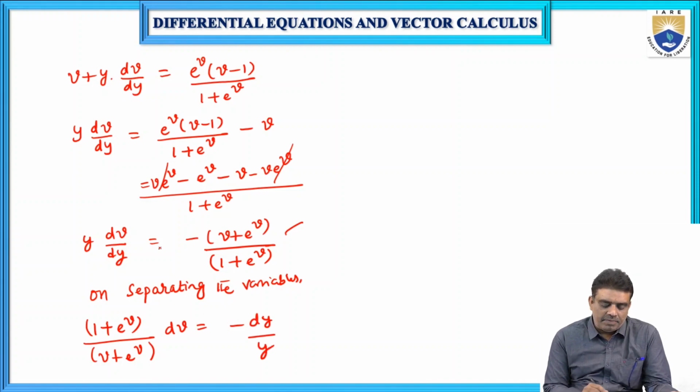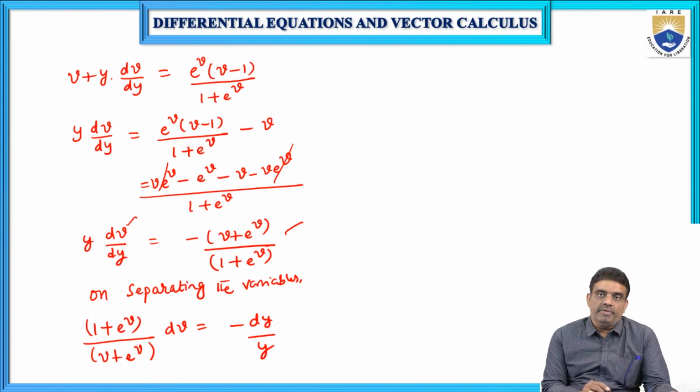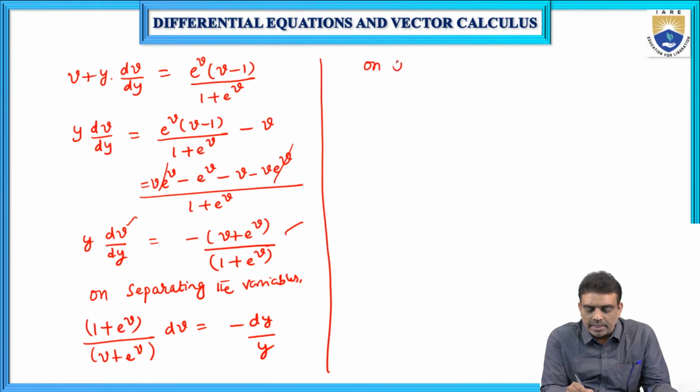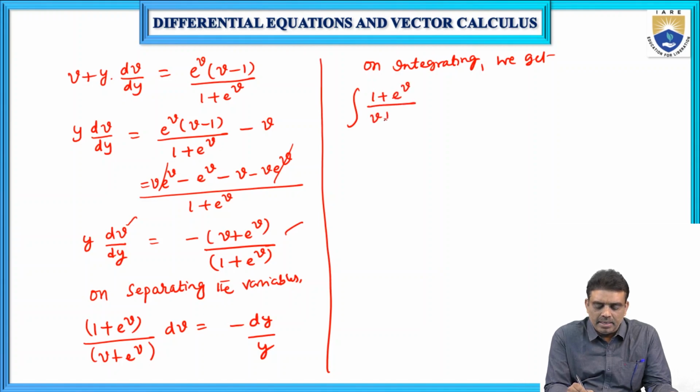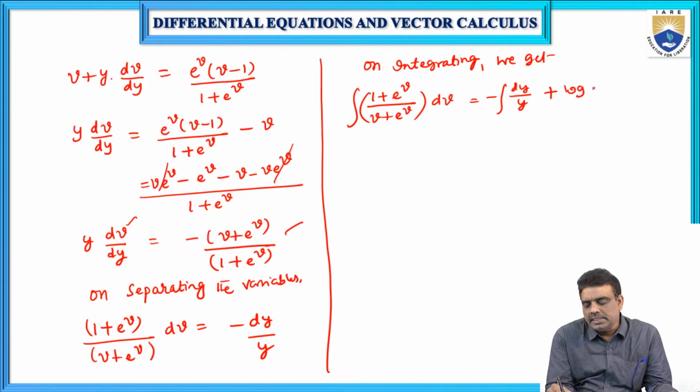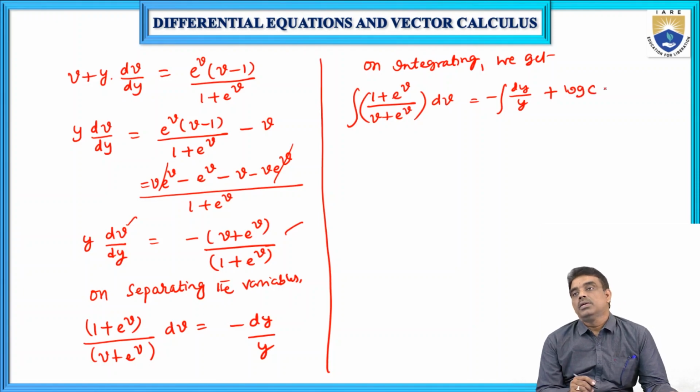On integrating, we get integral of (1 plus e power v) by (v plus e power v) dv is equal to minus integral dy by y plus log c.